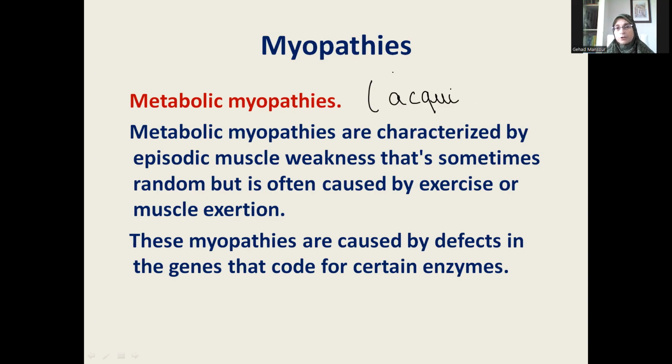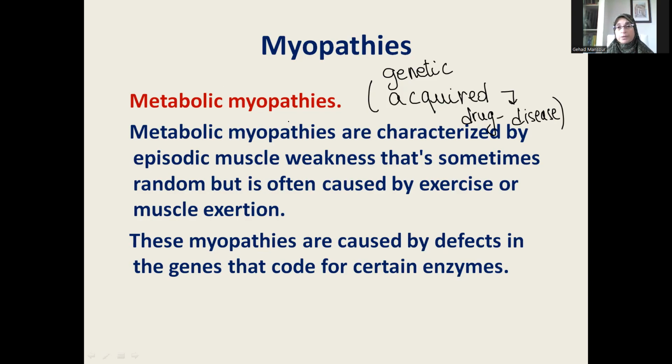Actually, some of them are genetic and some are acquired, because the one we are explaining in this slide is a genetic one, but as I told you before, they can be acquired. They might be a side effect of a drug, or they might be a side effect of a metabolic disease that affects metabolism and energy production, like diabetes. But they might also be genetic, as we see here.